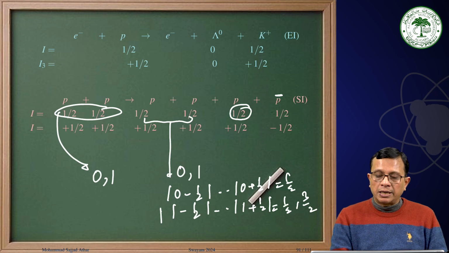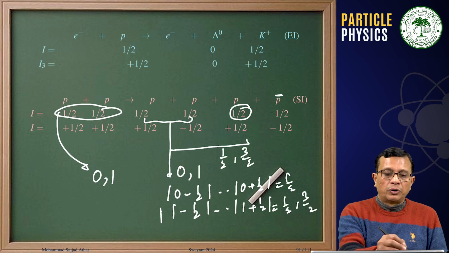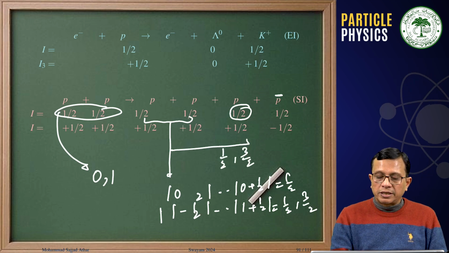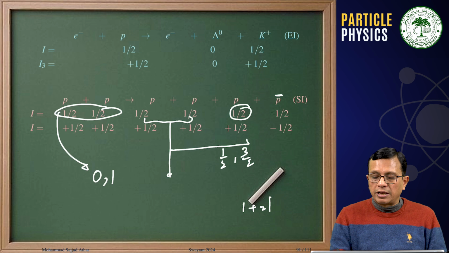Therefore, when you have taken 3 together, you have the possibilities as half and 3 by 2. Therefore, when you have taken 3 of them, the possibilities of I that you are getting are half and 3 by 2.